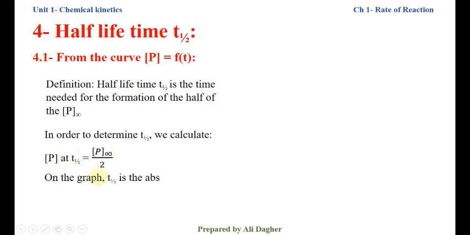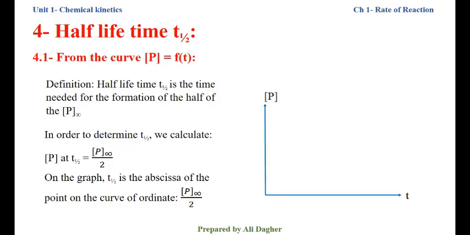On the graph, T-half is the abscissa of the point on the curve of ordinate concentration of product at infinity over 2. Graphically, this is the curve representing the variation of concentration of product with time, and this is the final concentration of product, concentration at the end of the reaction.